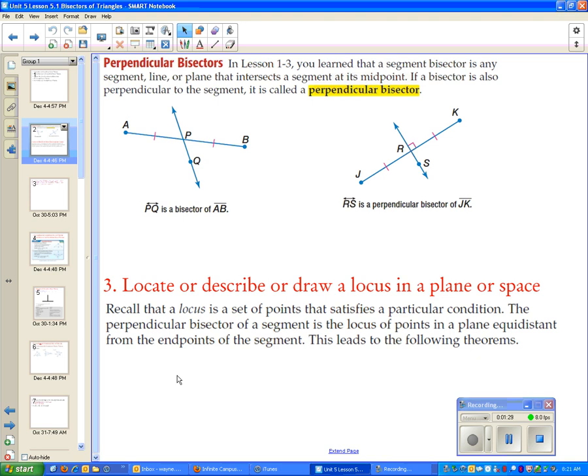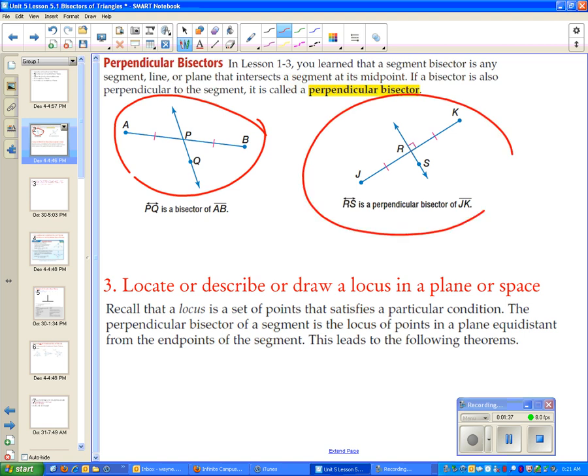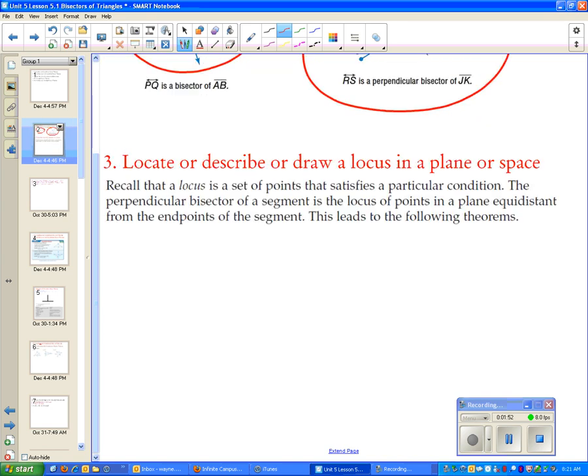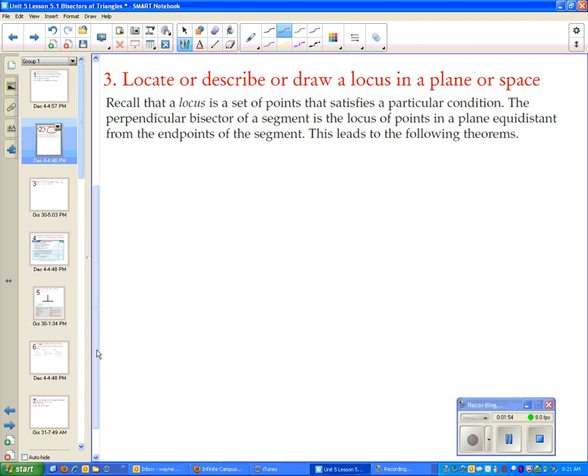So, in the first picture here, PQ is a bisector, but not a perpendicular bisector. In the second picture, RS is a perpendicular bisector because it's both things. It's perpendicular to JK and it bisects JK. Now, one really nice thing about perpendicular bisectors, and this fits in with target number 3 here to talk about a locus.